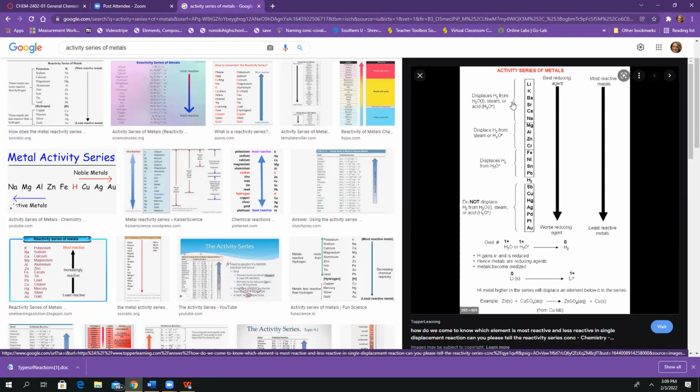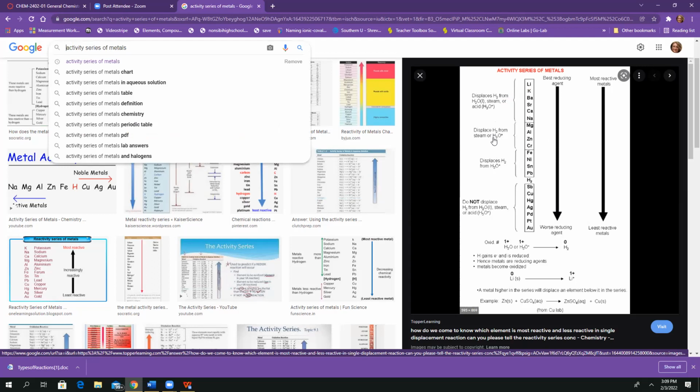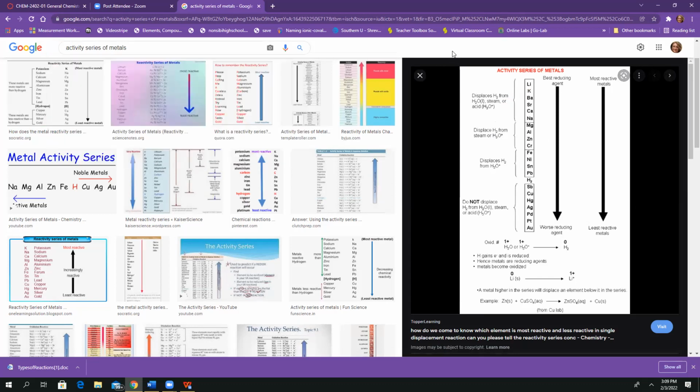Yeah, okay, steam or acid. H2O does not displace. Okay, so that's one. I like the one more simple one that I had, the one I had. It's just, I think, a little bit easier to understand.